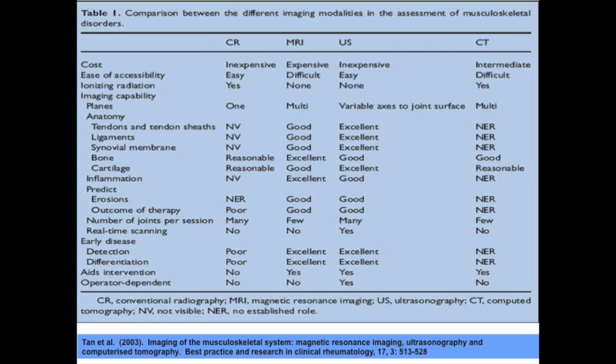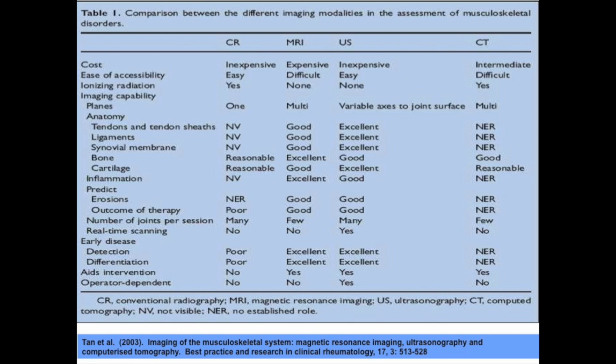In terms of the types of tissues that can be seen, what you will see is that when we get to our typical soft tissues, so tendons, tendon sheaths, ligaments, with an X-ray none of those structures are visible. Whereas we can get good to excellent resolution of those structures using MRI or ultrasound.